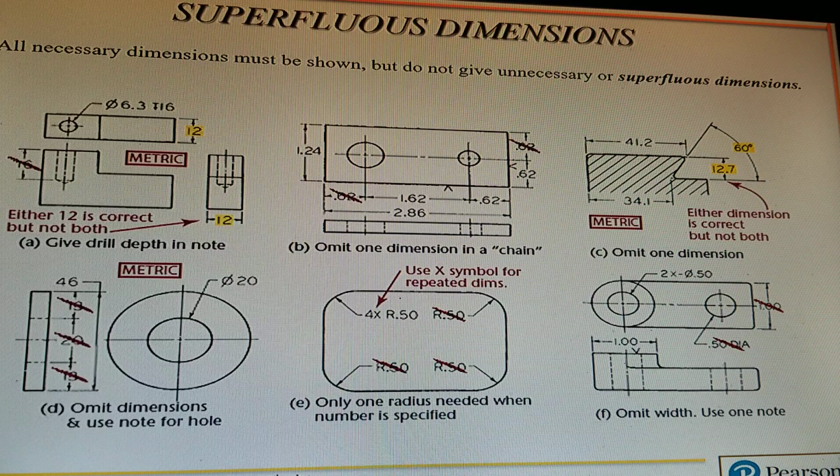Okay, so don't try to lock somebody in with a dimension like on the top, in the vertical there. You have 0.62, 0.62, and on the left you have an overall dimension of 1.24. So we don't want to lock that reader in. We're going to make them believe that that's supposed to be symmetrical right there.